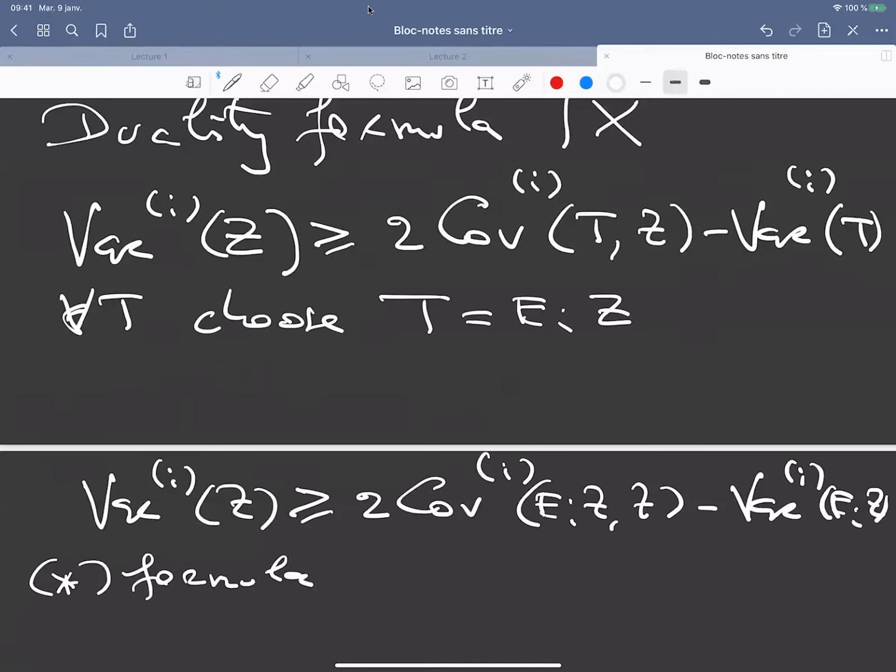You write the sum of the P of X log Q over P of X simply by using this inequality on the log. You rewrite things in order to make this ratio appear here.